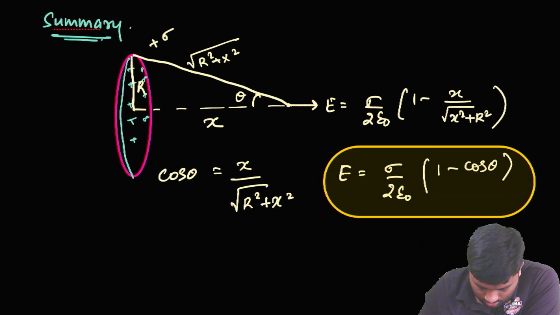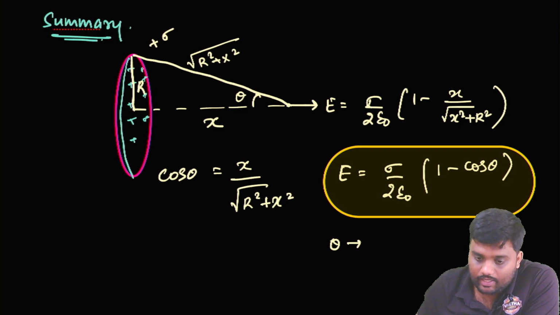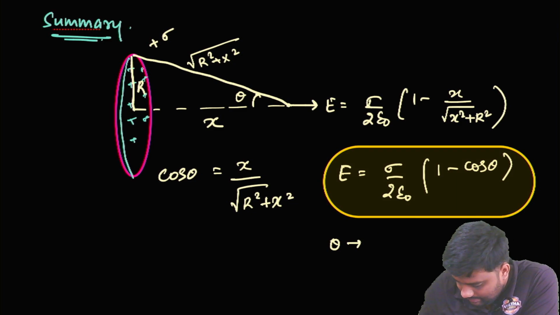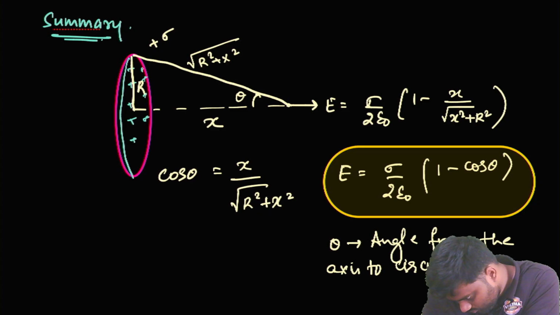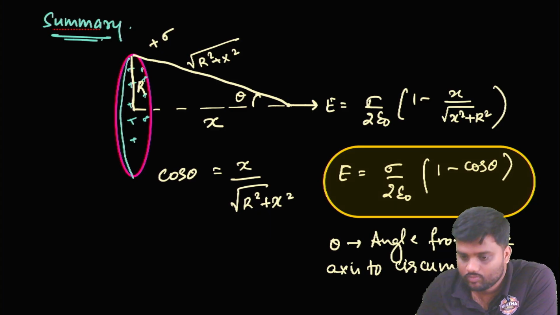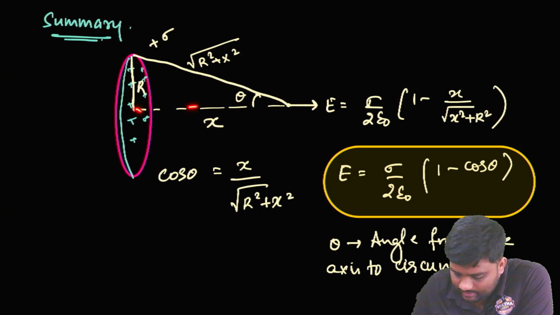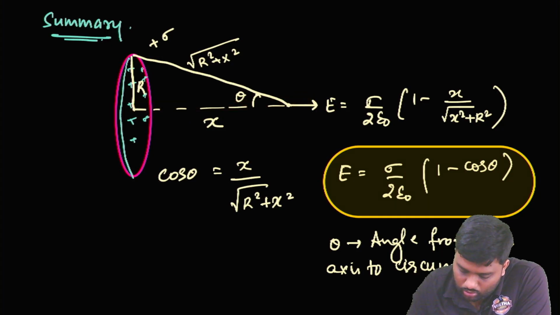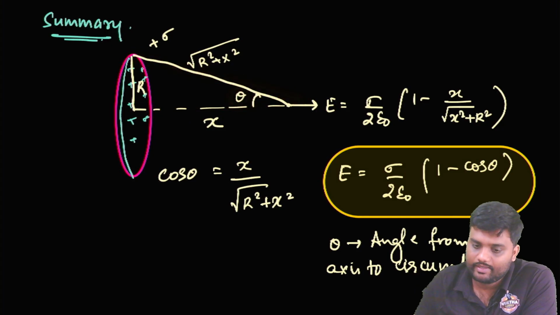Okay? So here, when we are talking with respect to this theta, theta is the angle from the axis to circumference. See, theta is the angle. See, this is the axis. To this particular circumference, the angle is going to be theta.